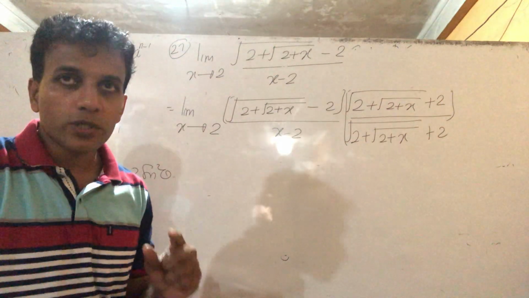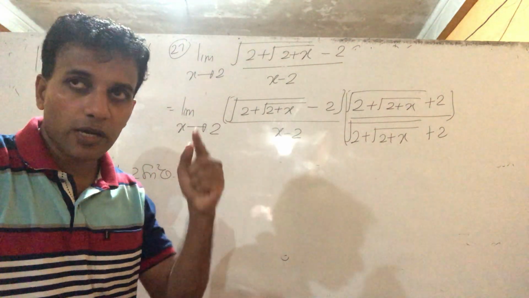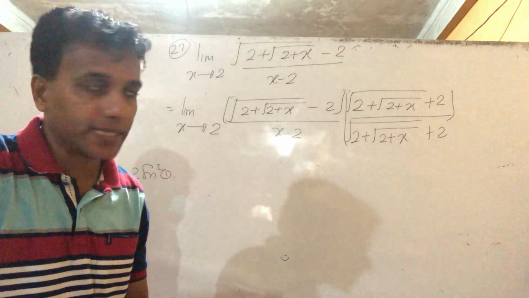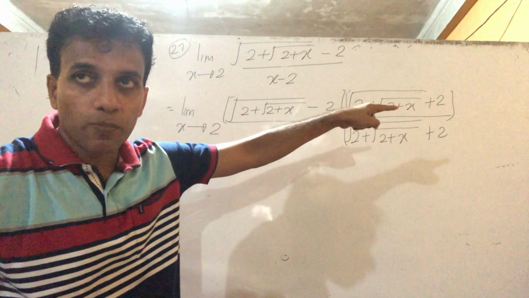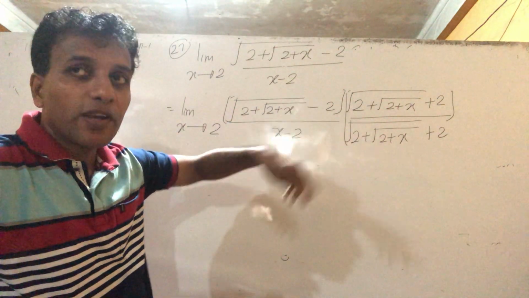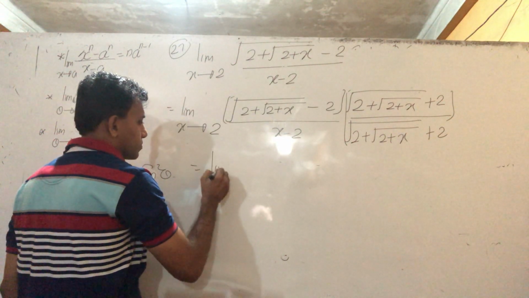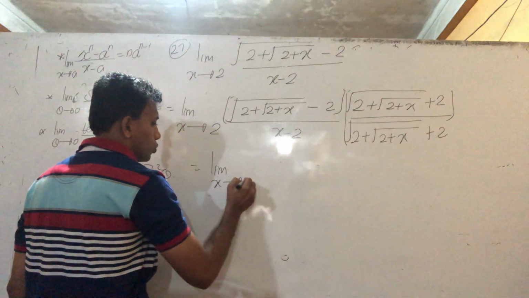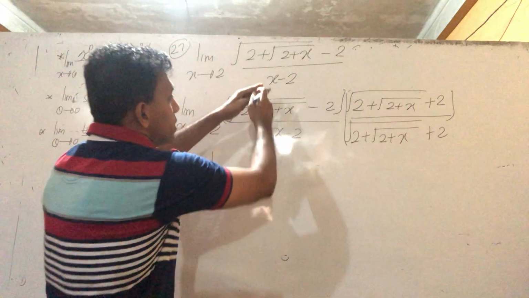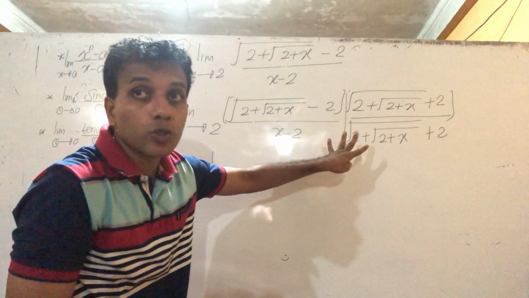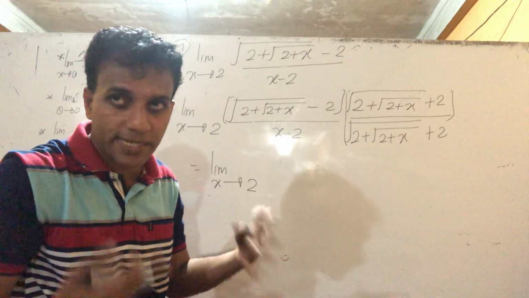So wherever we use the conjugate's multiplication, it becomes a factorization form, a square minus b square pattern. Here square root minus 2, the same square root plus 2. Therefore a minus b times a plus b, when you multiply, the square root vanishes. Limit x tends to 2, this minus that, the same plus. Therefore this square minus 2 square. So the bigger square root is removed, vanishes, eliminated, right?